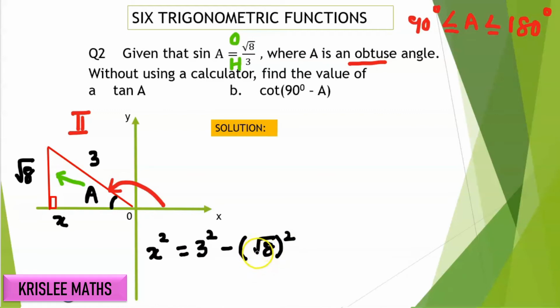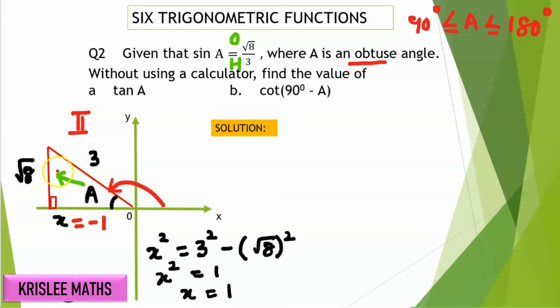Remember, in the presence of square root and square, the square root can be eliminated, leaving only 8. Therefore x square equals 1, or x equals 1. Here, since x lies on the negative x-axis, the value 1 needs to have a negative sign.